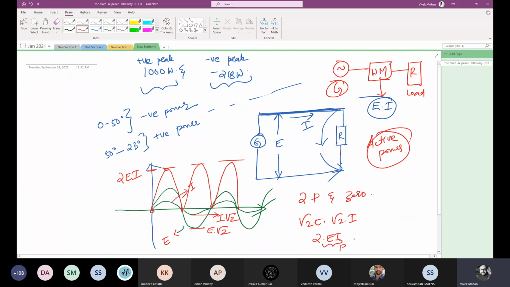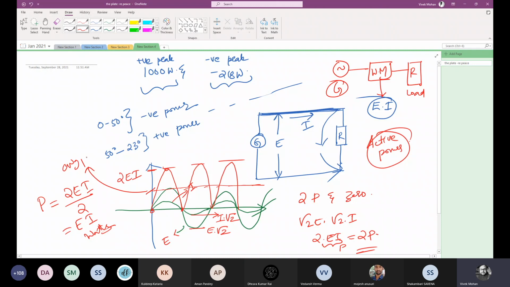EI I am representing as P, so the peak is 2P. So my average power is midway between 2P and 0, so the average power value is P equals 2EI divided by 2, which is equal to EI watts. So it's a constant, which is the average power.